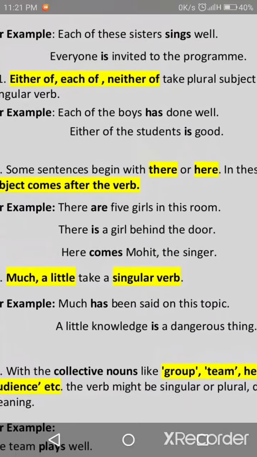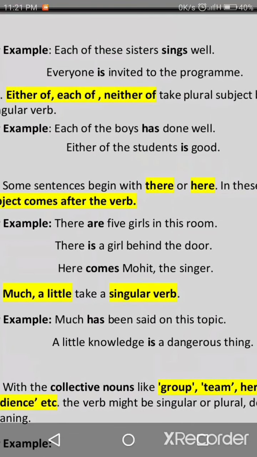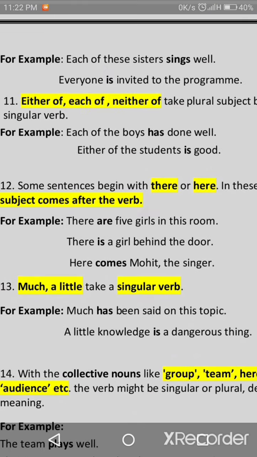For example, each of these sisters sings well. Here we are referring to each sister individually, so the verb will also be singular, that is sings. Everyone is invited to the program. Here everyone refers to every person individually, so a singular verb is used.